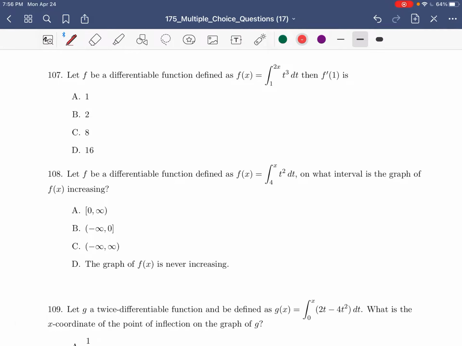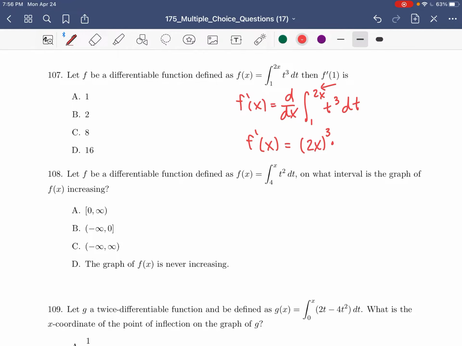107, differentiable function. We're looking for f prime of 1, so very similar to the last one. We're essentially going to just replace t with whatever our function is at the top. So it's going to be 2x to the power of 3.